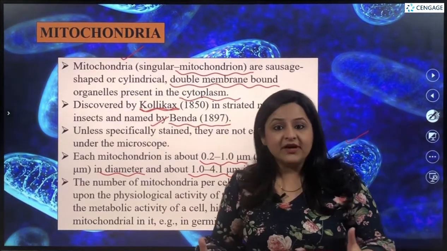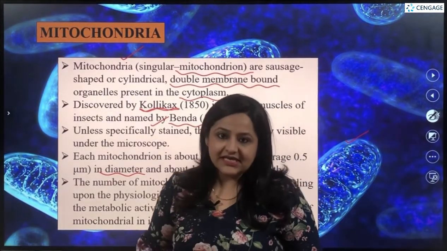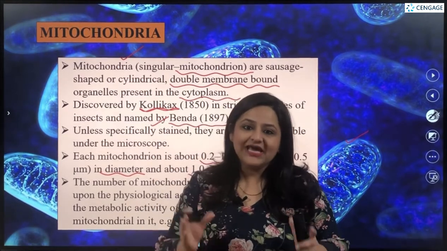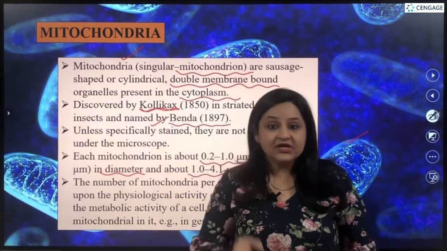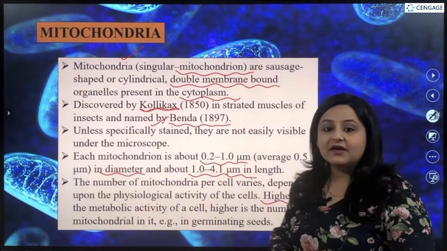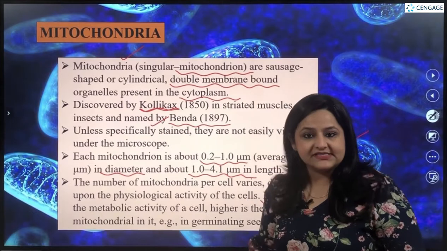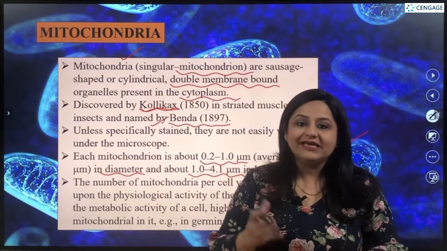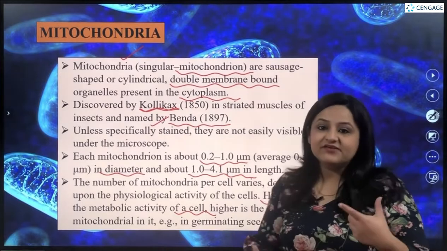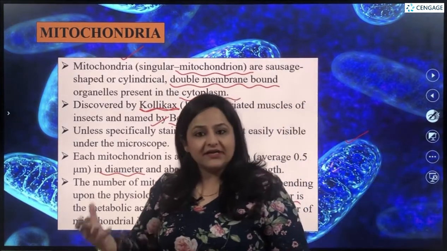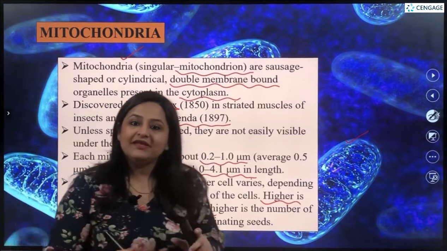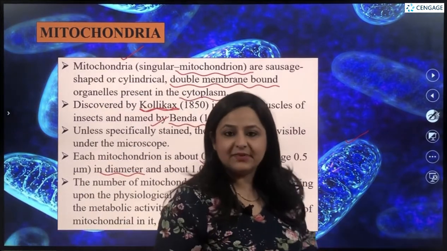Then, the number of mitochondria present in a particular cell actually depends upon how physiologically active that cell is. So, it would be correct to say that the higher the metabolic activity of a particular cell, the higher will be the number of mitochondria present in that cell.